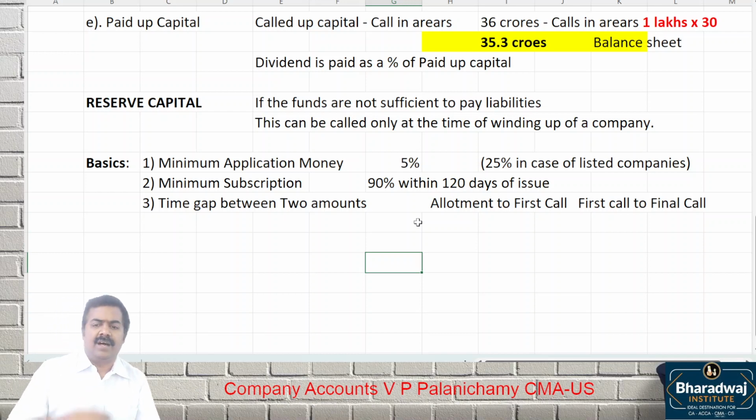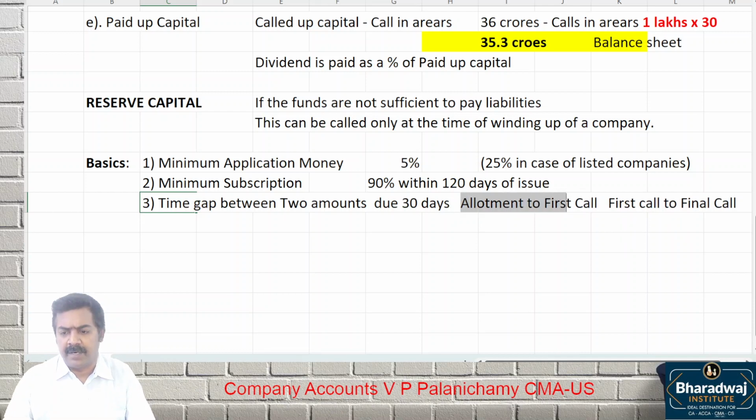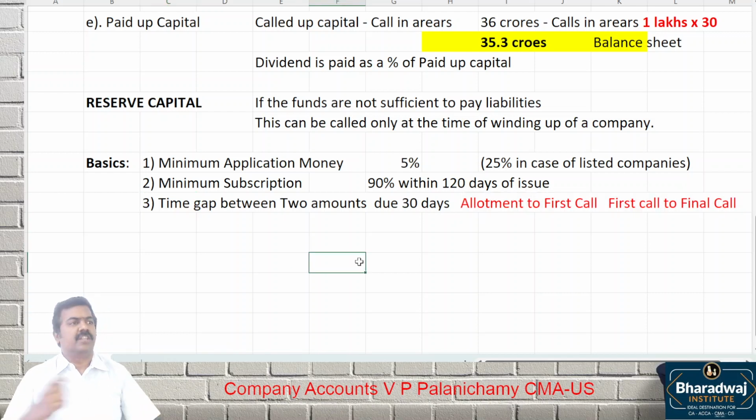Can I ask the shareholder to pay the first call tomorrow? 1 week, 10 days? What should be the time gap? 30 days. Time gap between two amounts due is 30 days, whether allotment money to first call money or first call money to final call money.